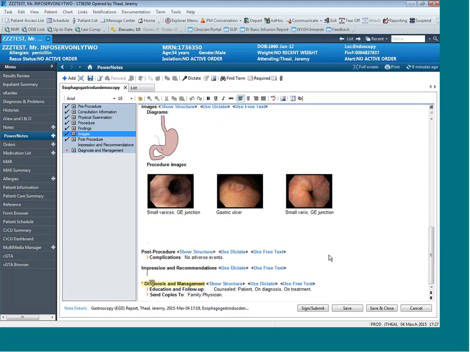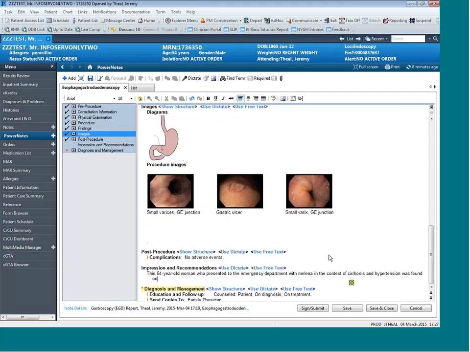This 54-year-old gentleman who presented to the emergency department with melena in the context of cirrhosis and hypertension was found on gastroscopy to have a clean-based antral ulcer. He also had small esophageal varices, which had no stigmata of recent bleeding, and did not require banding.